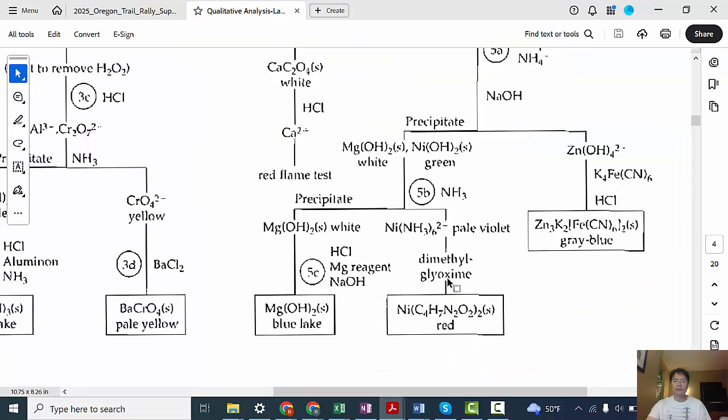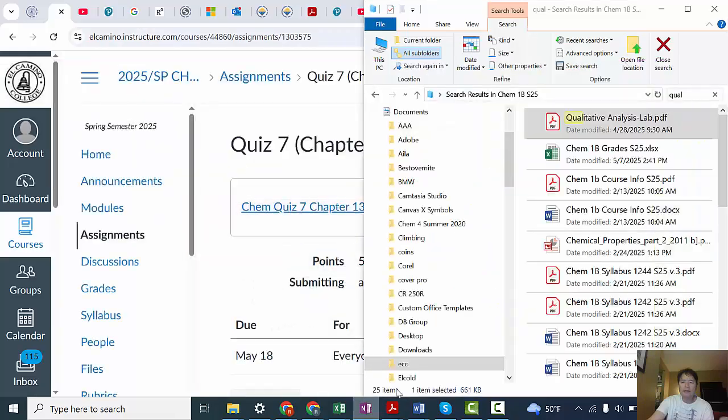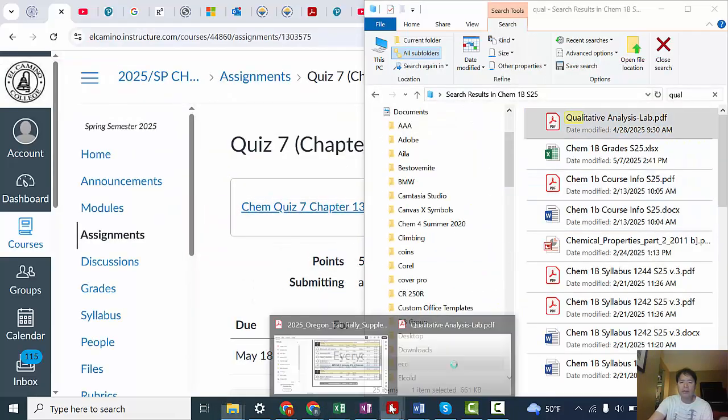And that's what we have here. It's a red precipitate. Okay. Now, red precipitate would be a positive test for magnesium.